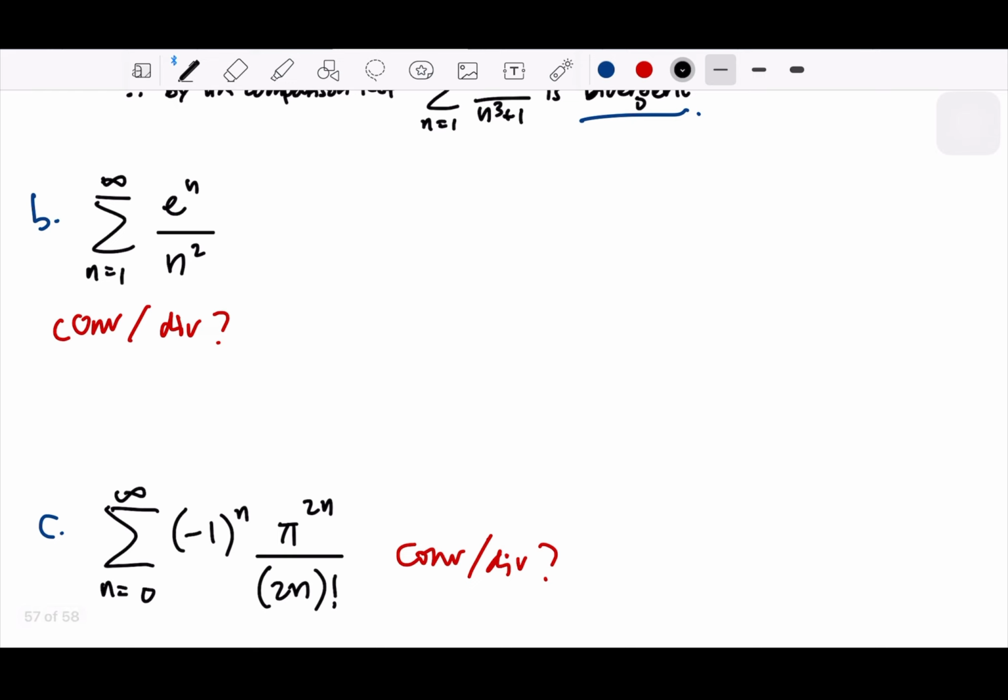For number B, any idea? What's the conclusion for B? Yeah. Converge or diverge? Diverge. Okay. Any other answer? Okay, I think it's okay, right?